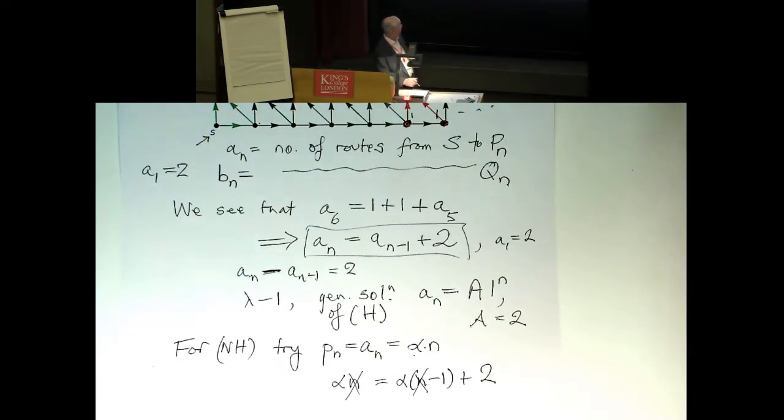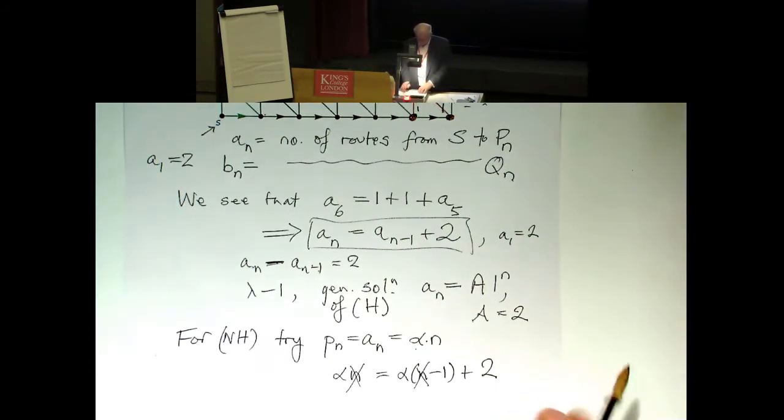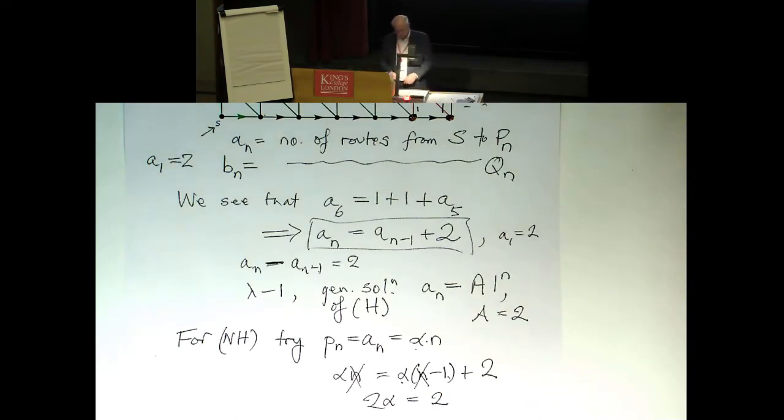And so what does that tell us? It tells us that 2 alpha is equal to 2. I made a mistake, have I? It's minus alpha plus 2 equals 0.